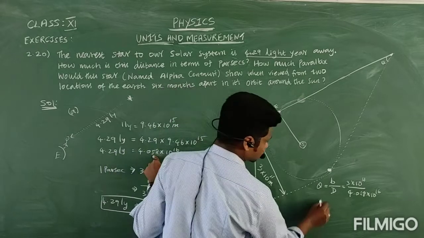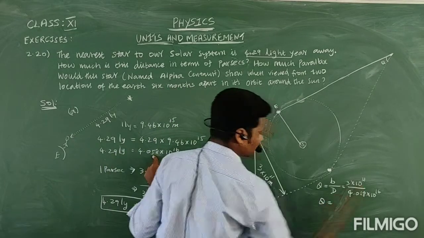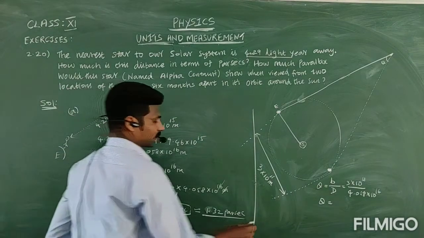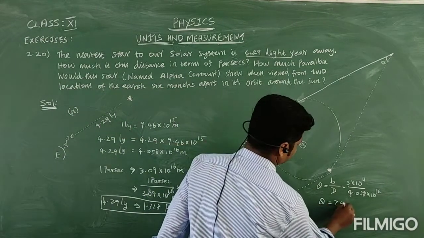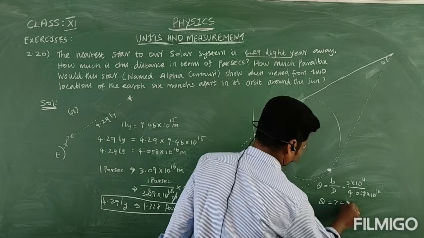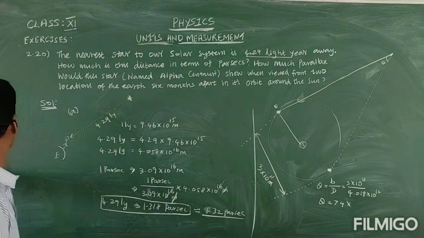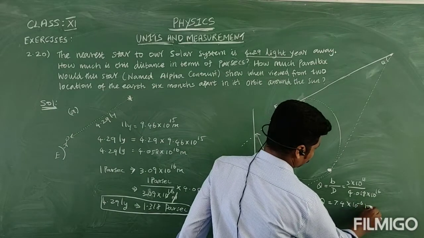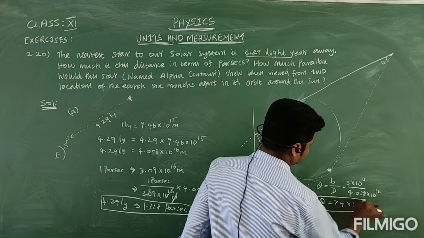So theta, if you simplify, I already calculated, is approximately 7.4 into 10 power minus 6 radian. So this is the angle.